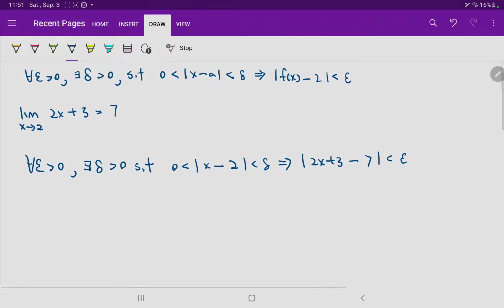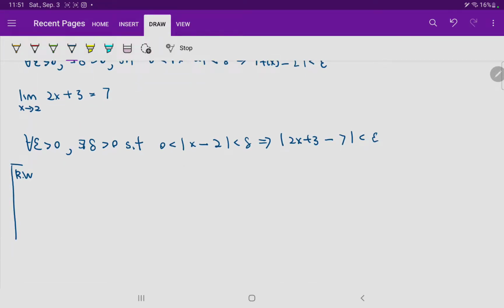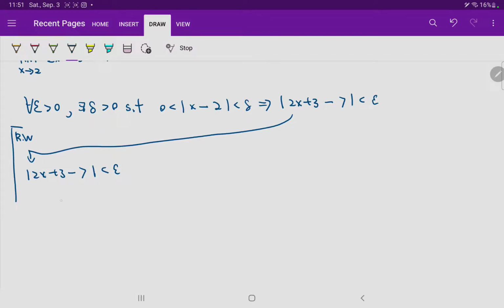right? So before we begin the formal proof, we want to do something that we call the rough work, whose importance you will see later. Let's write it: rough work, so just R and W. As you can see, we have our expression 2x plus 3 minus 7 is smaller than epsilon, which we can expand using algebra.